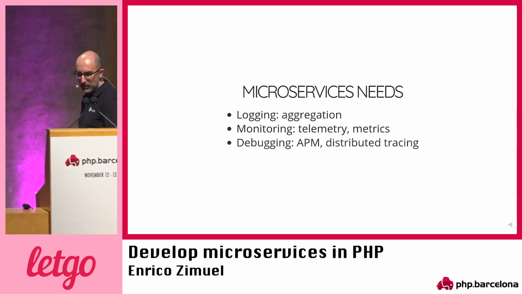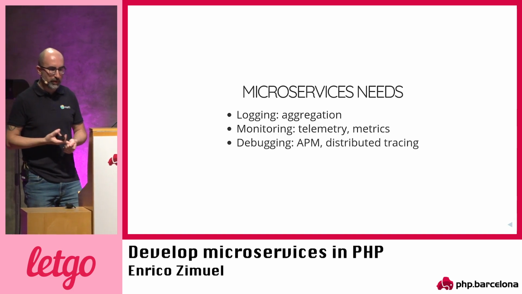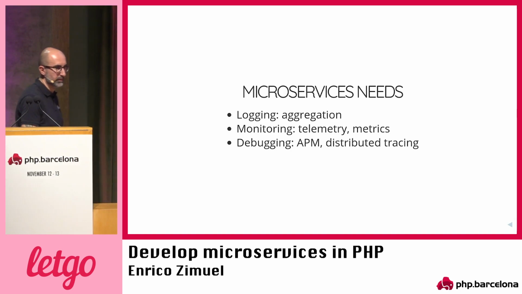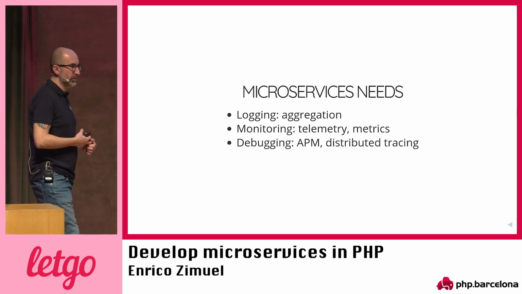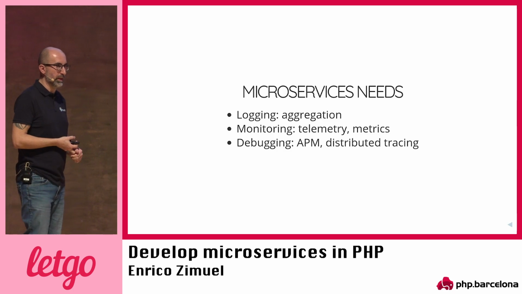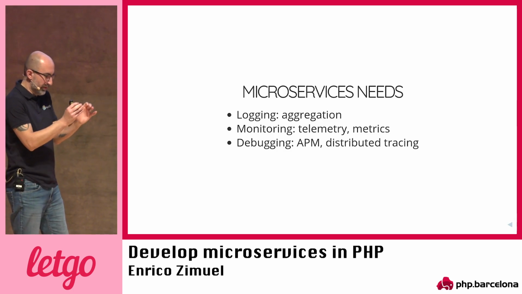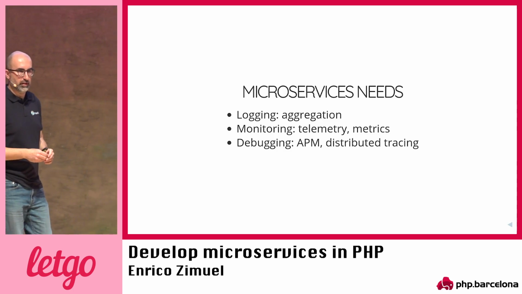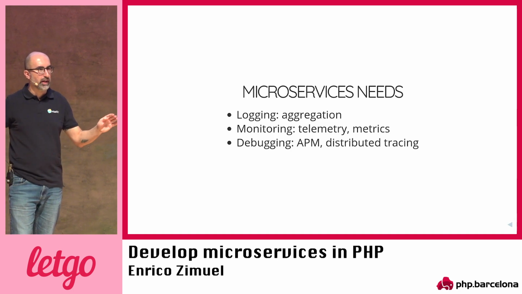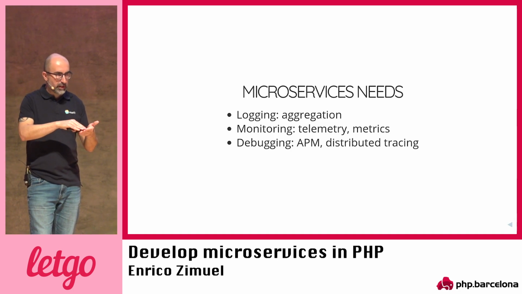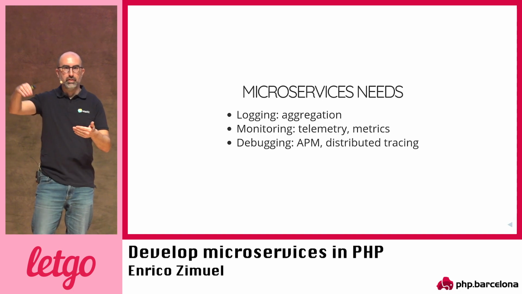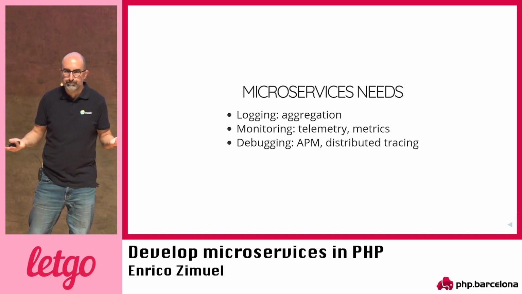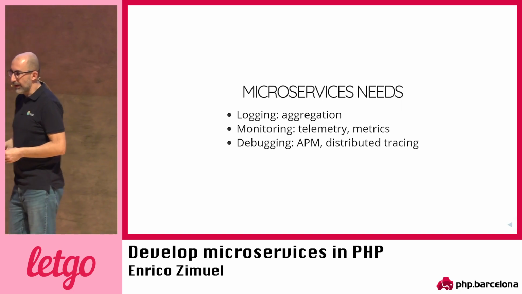You also need application performance monitoring for debugging. As I said, you cannot use Xdebug for microservices. I mean, you can use it for a single service, but if you have to debug an application that calls another application, that calls another application, and so on, you cannot do that.